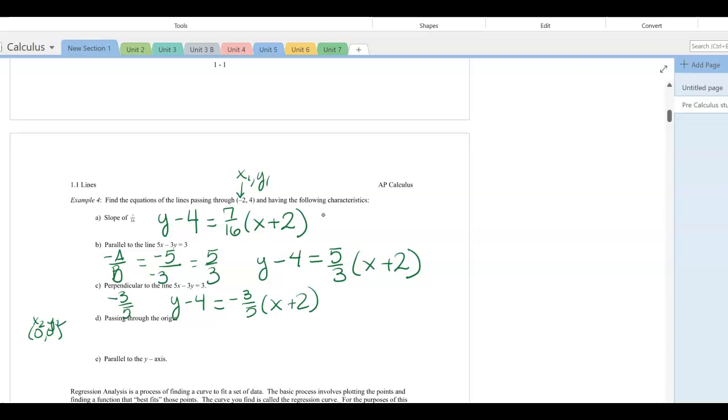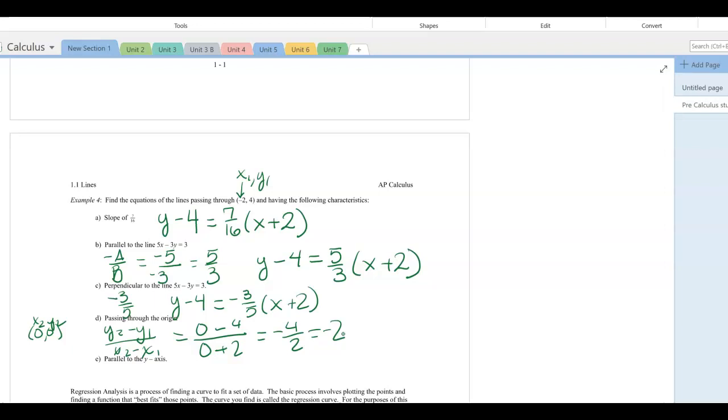So then I've got y sub 2 minus y sub 1 all over x sub 2 minus x sub 1. So I've got 0 minus 4 all over 0 minus negative 2, which is just going to turn into plus 2, which is going to give me negative 4 over 2, which is just negative 2. I hope you guys aren't surprised by that in the least.